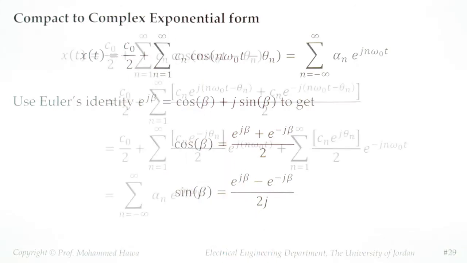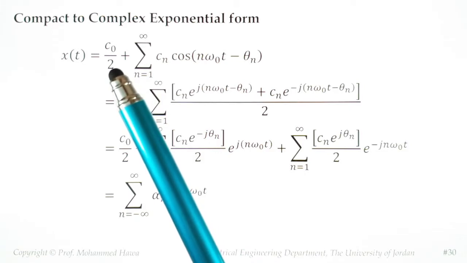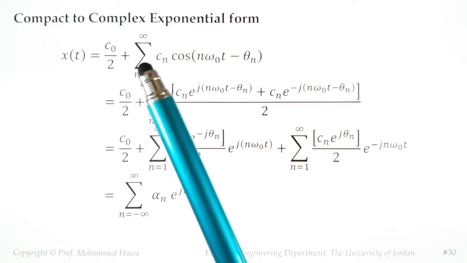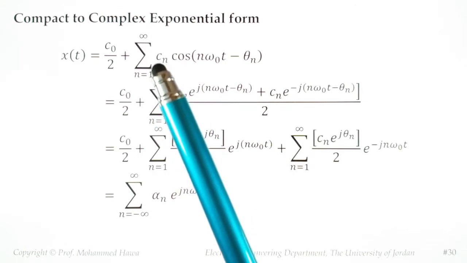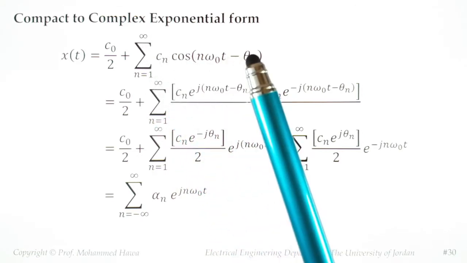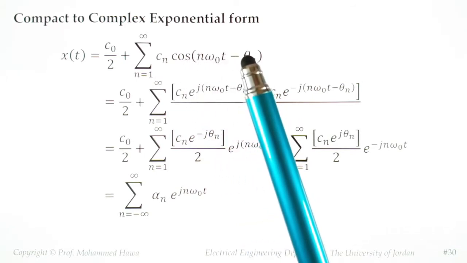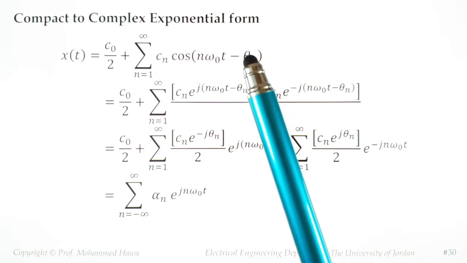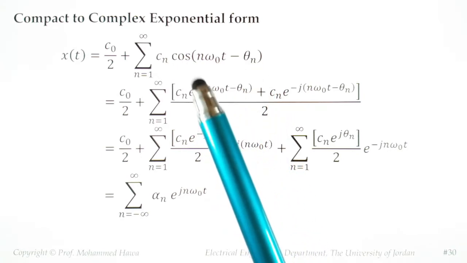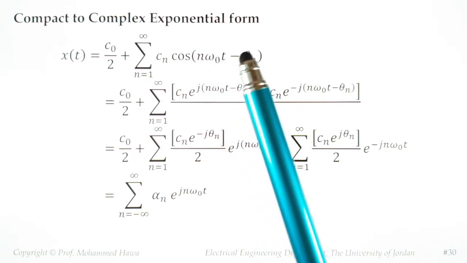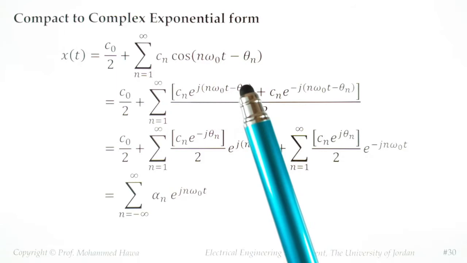So let's do the math. I'll start with the compact form. The compact form says, take the DC value, C0 over 2, plus add up all the cosines from 1 to infinity with certain amplitudes, Cn, and certain phase shifts. This cosine can be written as two exponentials, as I've shown you a minute ago, where I have the first exponential positive, and you copy paste whatever is inside the cosine, the argument of the cosine, which is n omega naught t minus theta n.